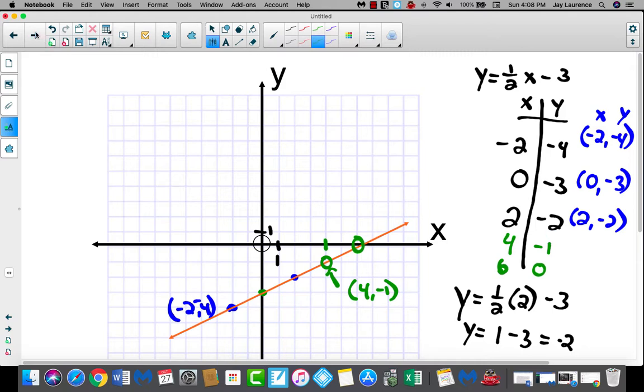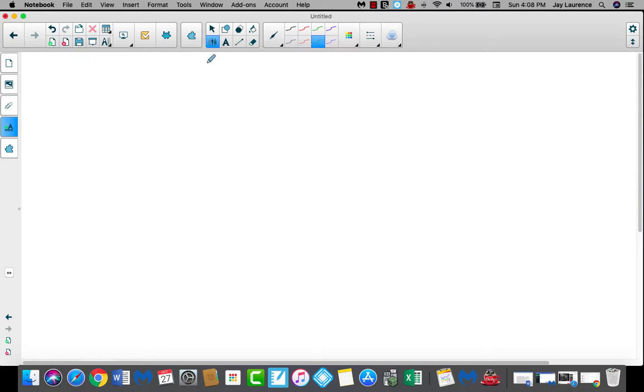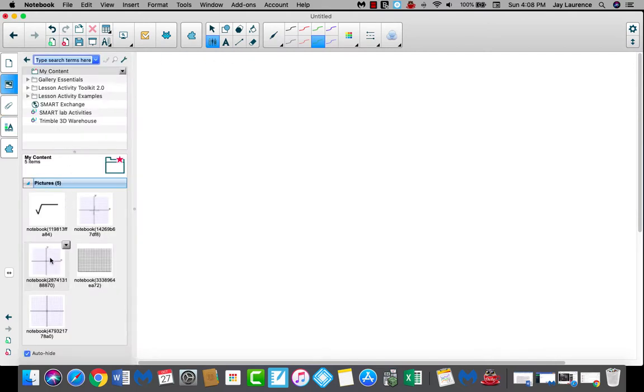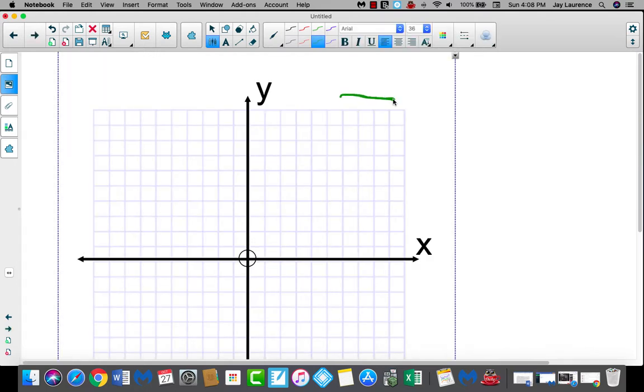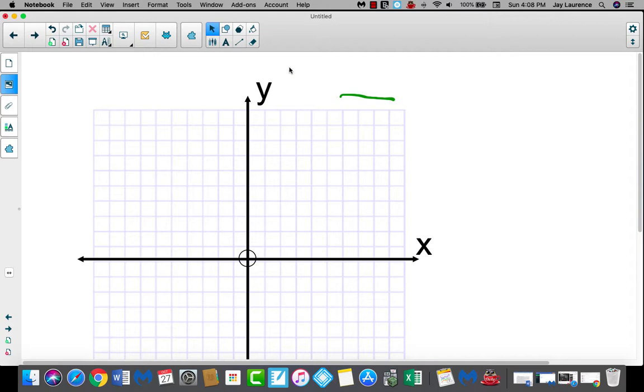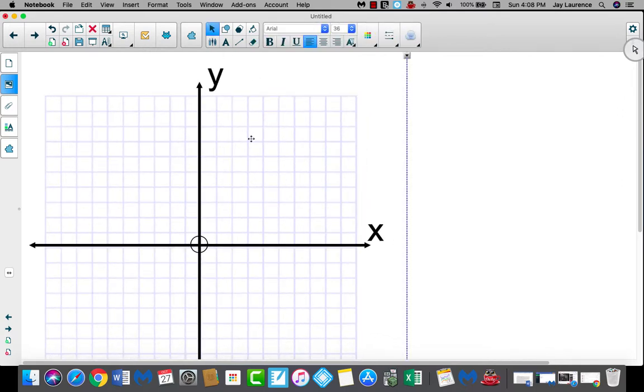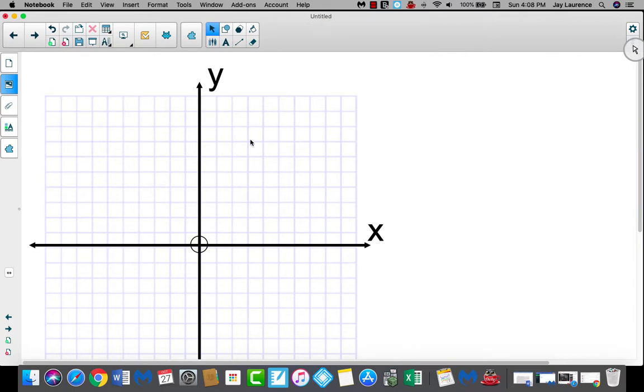Now, if you have an unusual one, like an absolute value graph or a quadratic or something like that, okay? In class, I've told you to not just use 1, 2, 3. I've told you to go ahead and use -2, -1, 0, and 1. Okay? So you've got to be careful with your math.